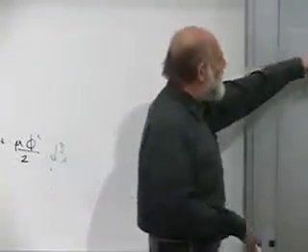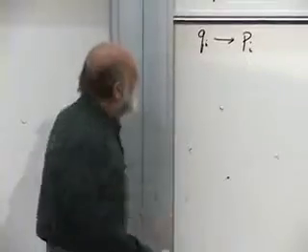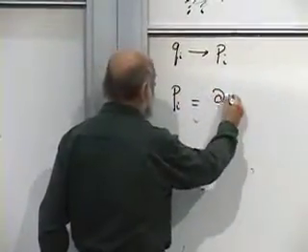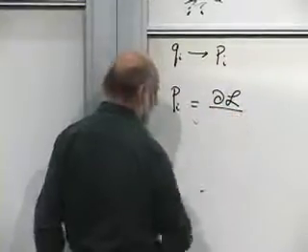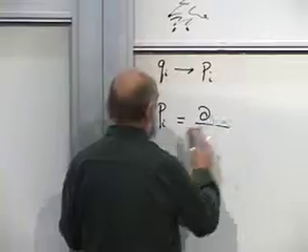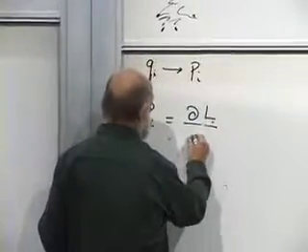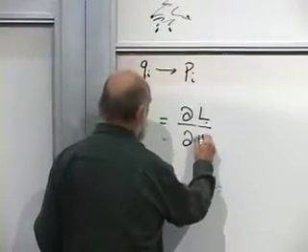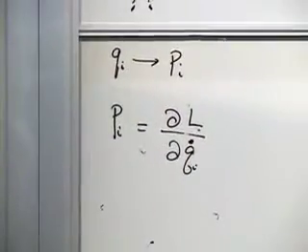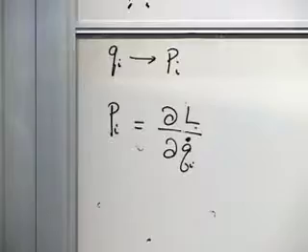But what is the definition of p sub i? p sub i is by definition the derivative of the Lagrangian with respect to q sub i dot. It's the thing in the left-hand side of Lagrange's equation.